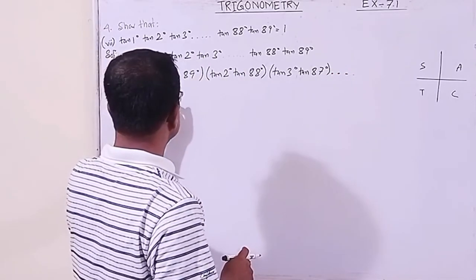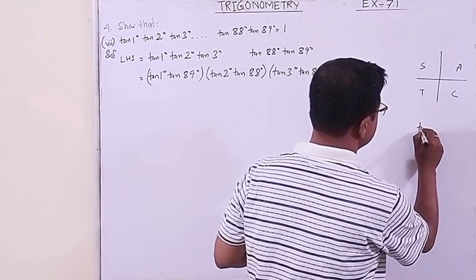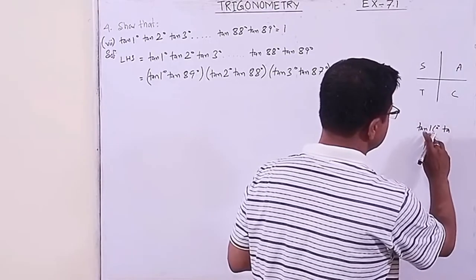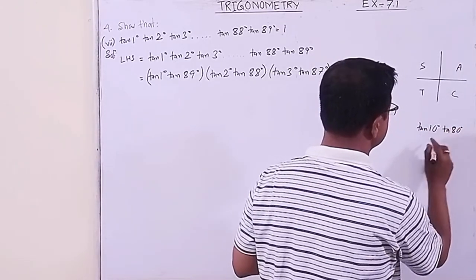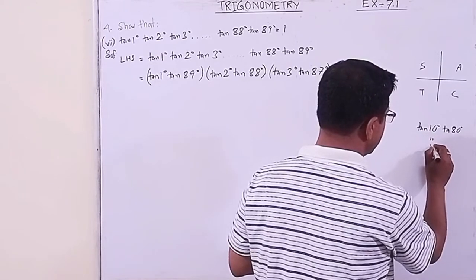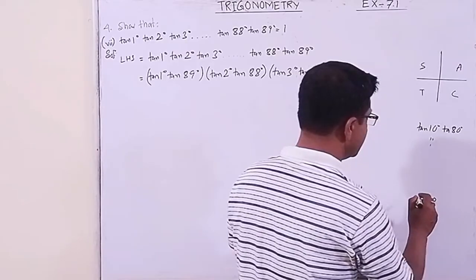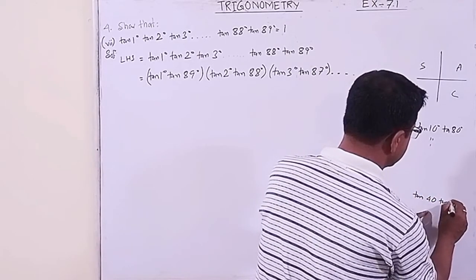If we move like this, 1, 2, 3, 4, somewhere suppose we get 10 degree, there what will we put? Just as extra knowledge, 10 degree pairs with 80 degree, since 10 plus 80 is 90. Like this, 11, 12, 13, 14, 15. Sometimes we will get 40 degree, what will we put? 50 degree.